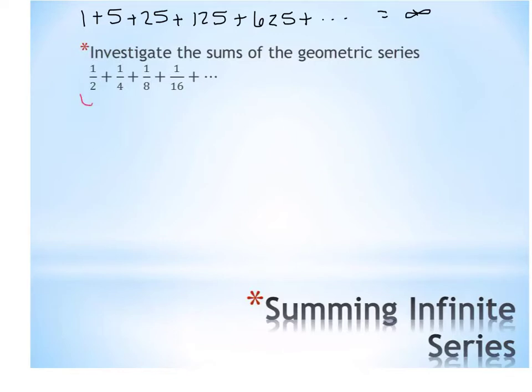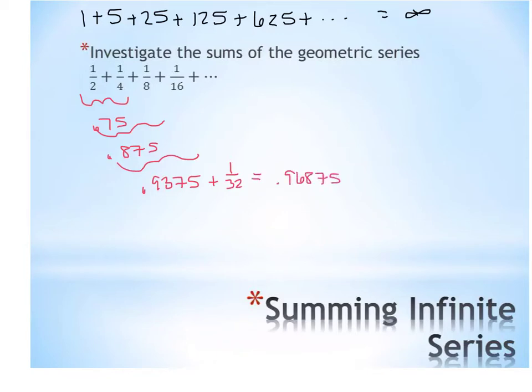If you look at it here, if I add these two together, I get 0.75. If I add that to an eighth, I get 0.875. If I add that to a 16th, I get 0.9375. If I add 1/32nd, I would get 0.96875.